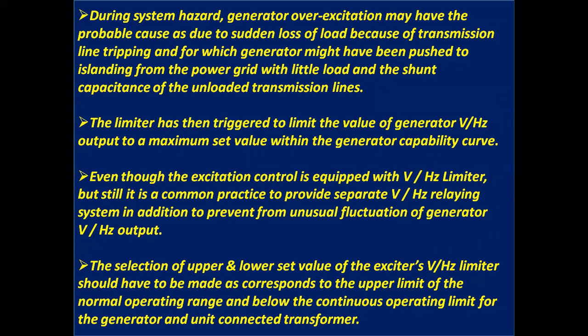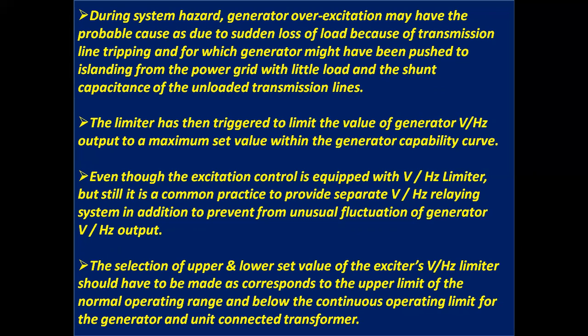Even with the excitation control equipped with volts per Hertz limiter, still it is a common practice to provide separate volts per Hertz relaying system in addition to prevent unusual fluctuation of generator volts Hertz ratio output.